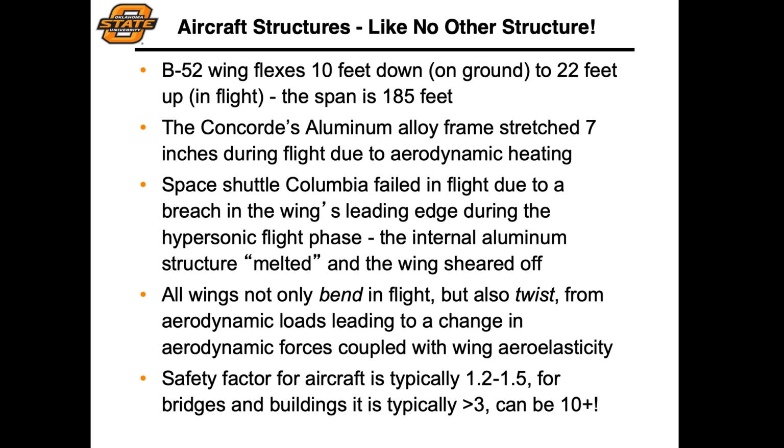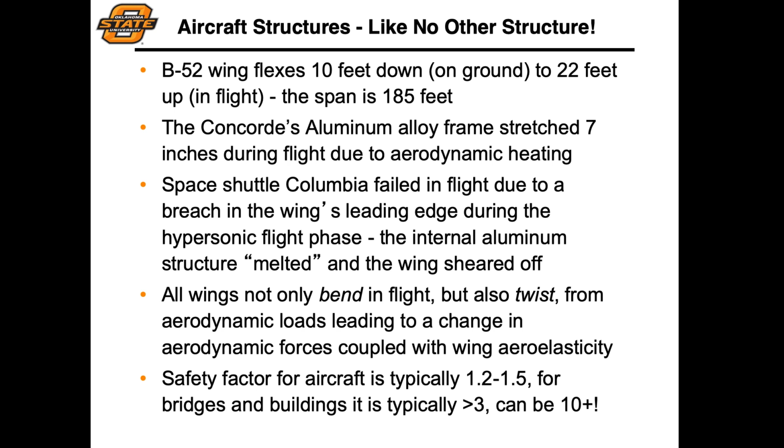And as it was re-entering the Earth's atmosphere, the heating, the ionized gas, the plasma in the atmosphere, due to the high speeds as it was re-entering at Mach 25, actually entered that internal structure and melted the interior of the supporting structure that held the wing on.